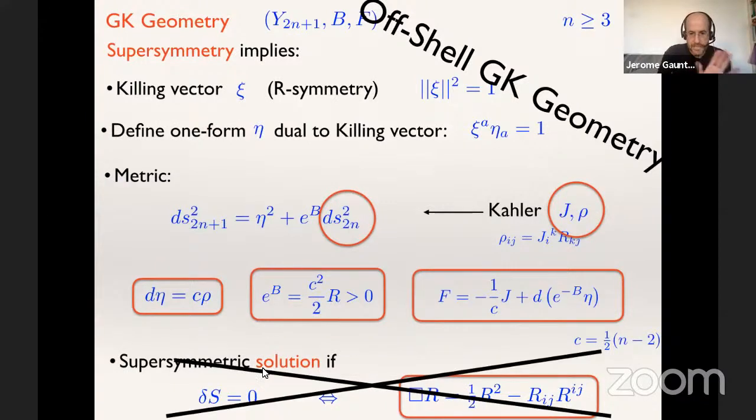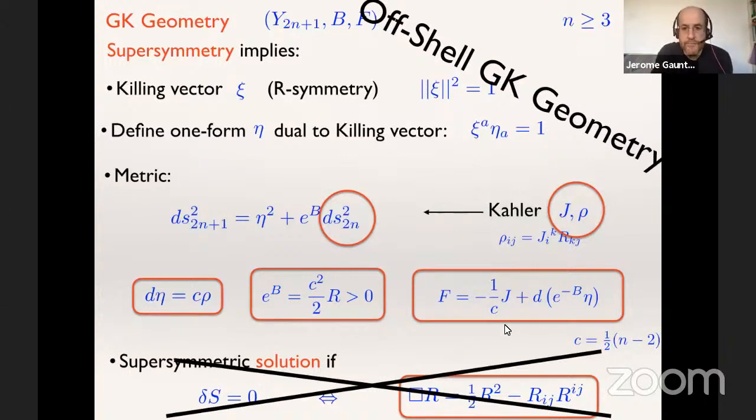But for the moment, let's just imagine we've just got rid of that. So this would be now the class of geometry we want to consider, and see if we can construct the action as just a function of a space of holomorphic Killing vectors, which will then be the principle of an extremization of the R-symmetry.